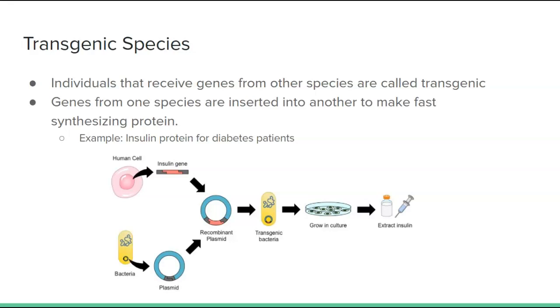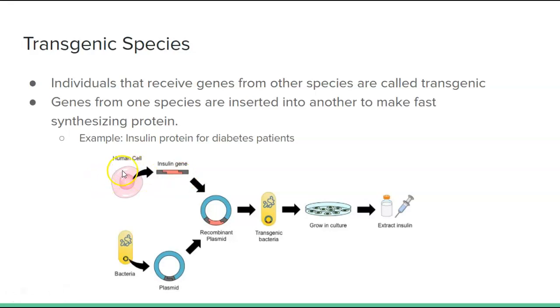The example on the screen, though, is insulin protein for diabetes patients. In humans, you have a gene that produces insulin, and insulin is how you can maintain your blood sugar. It's how you can break down sugars when you have too much, or get sugars back into your blood when you're feeling a little tired.